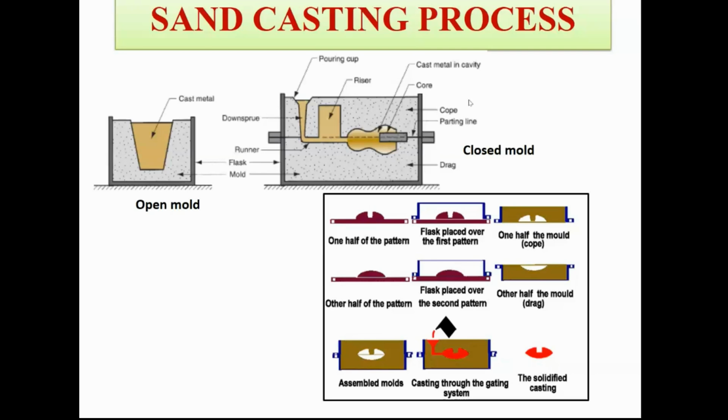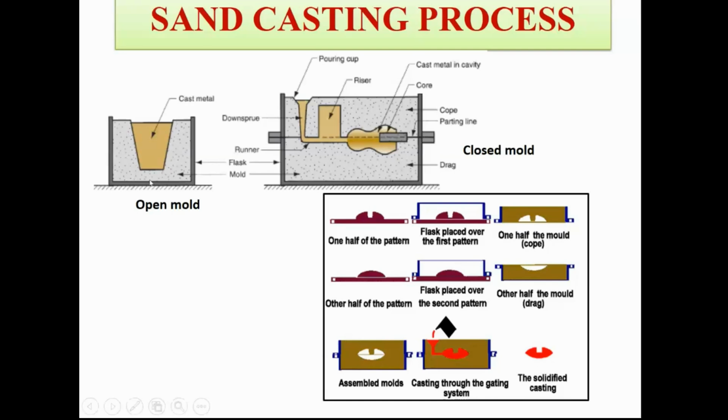I think you all are aware of these famous diagrams. The first one is the open mold, and as you can see here, the casting is of a very simple shape and a very small size.